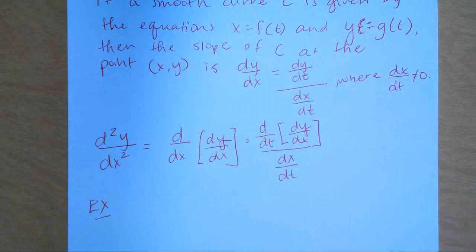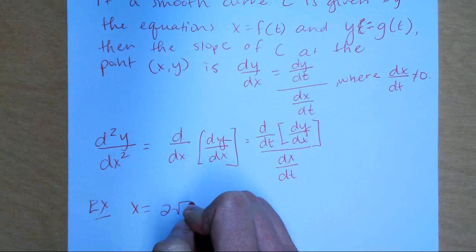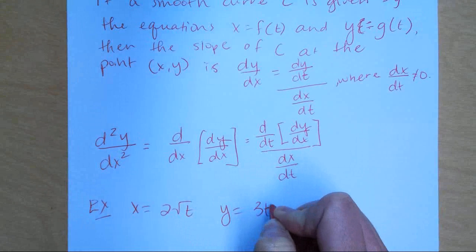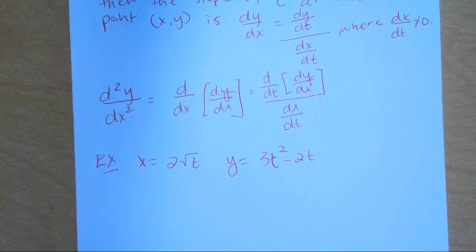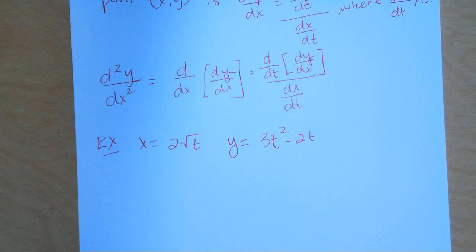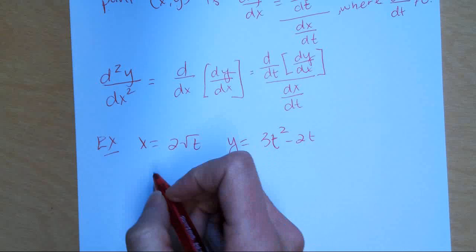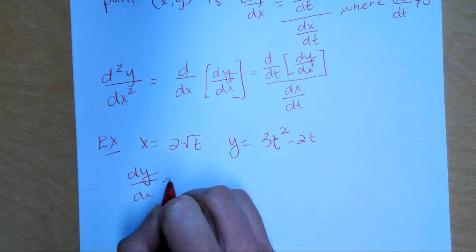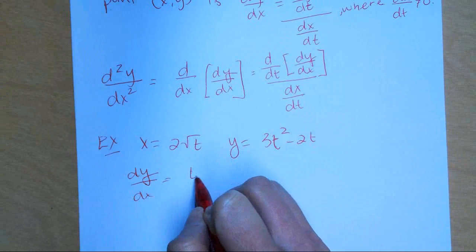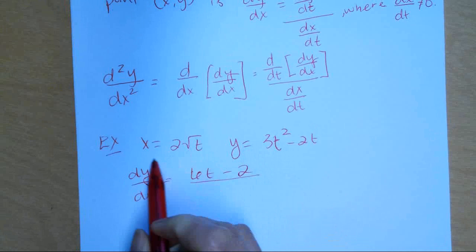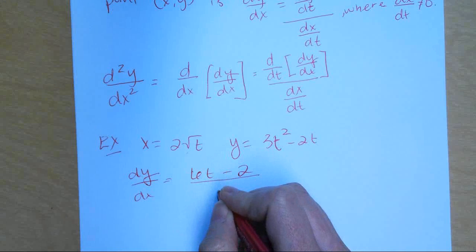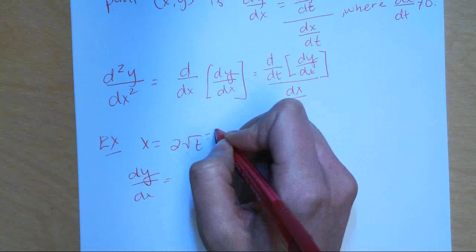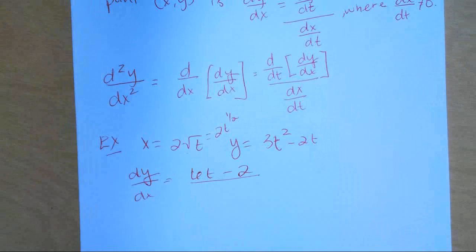Okay, example. Given the parametric equations x equals 2 root t and y equals 3t squared minus 2t, I want to find the first and second derivative. The first derivative is dy dx, and we're just going to find the derivative of y with respect to t, which would be 6t minus 2, over the derivative of x with respect to t, which is going to be, so this is like 2t to the 1/2, so we would multiply the 1/2, and then we get t to the negative 1/2.